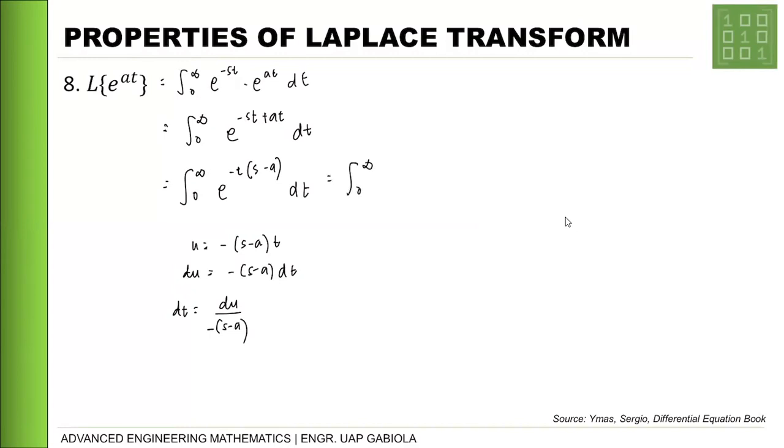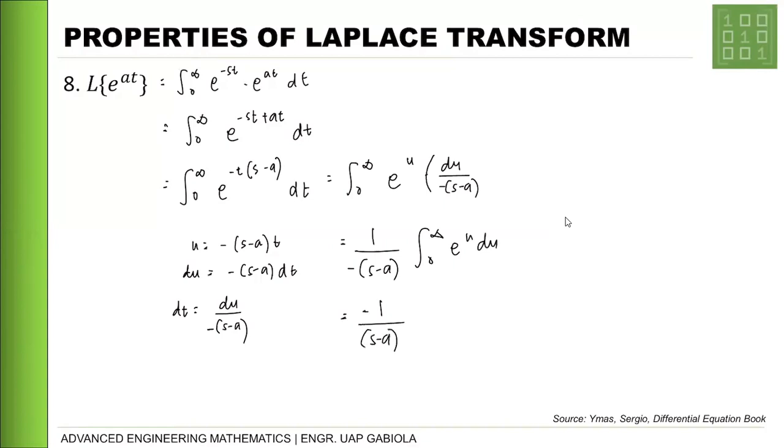Okay? So substitute natin dito. So integral from 0 to infinity e raised to u, and dt natin is du over negative (s minus a). So we have 1 over negative (s minus a) times the integral from 0 to infinity of e^u du. So negative 1 over (s minus a), e^u du na siya, so this will be e^u. Pero meron tayong limit na 0 to infinity. So substitute natin yung value ni u. So we have e^(-(s-a)t) from 0 to infinity.